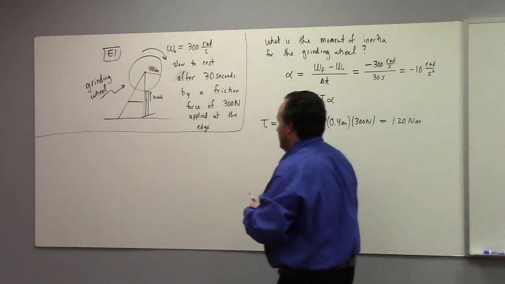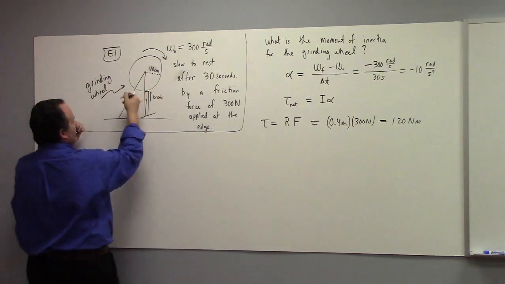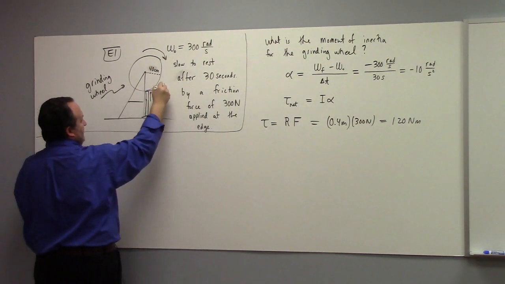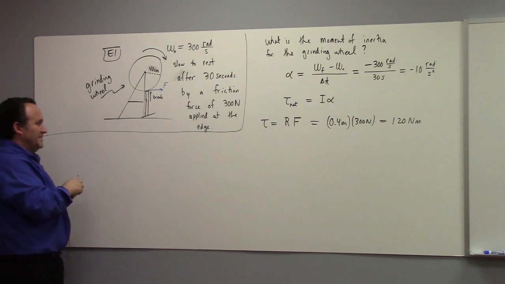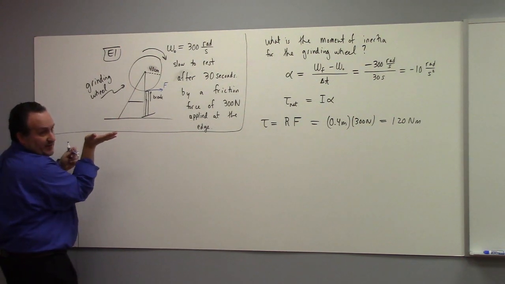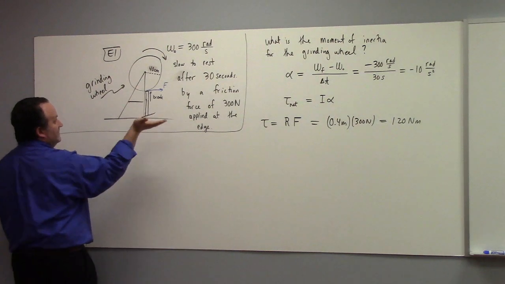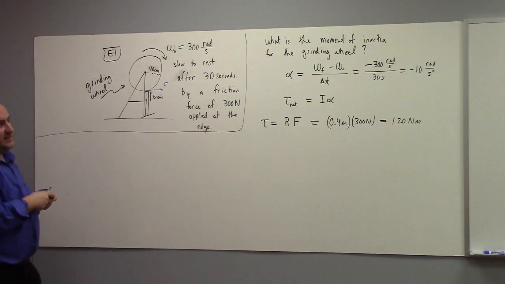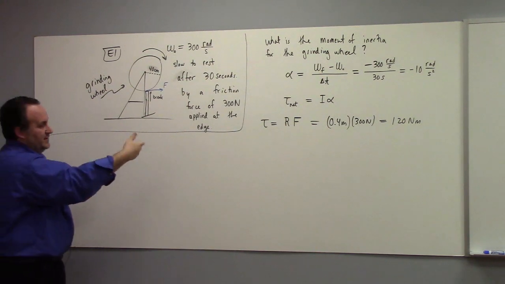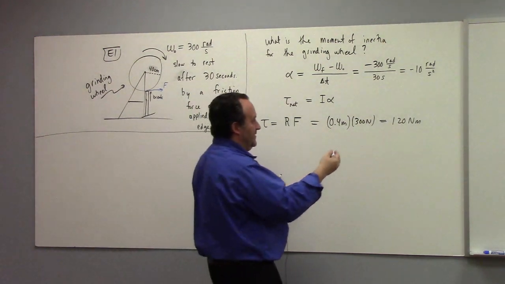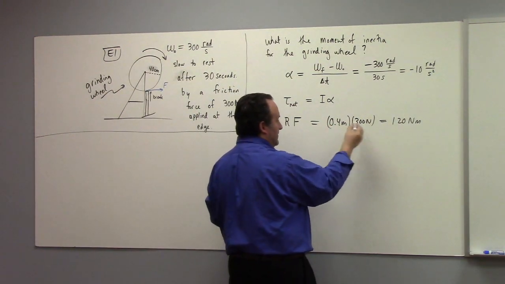Think about it, right? So if the motion's like this, the friction force is going to be pushing like this, right? And so if you think about it, it's creating a torque in that direction, right? It's creating a torque opposite the direction of omega. In other words, this torque we should think of as being negative.